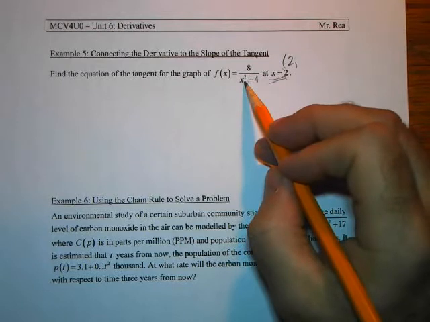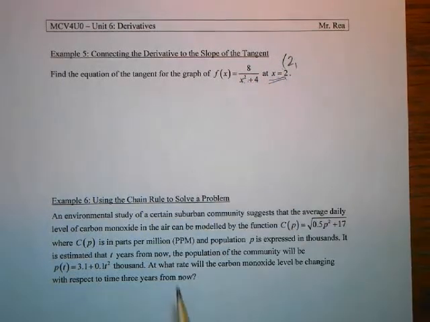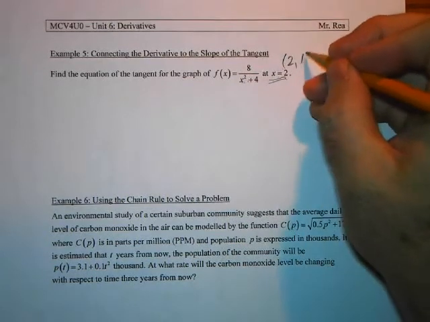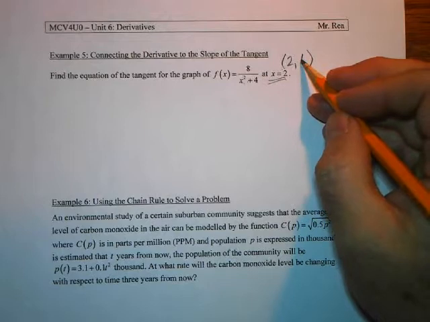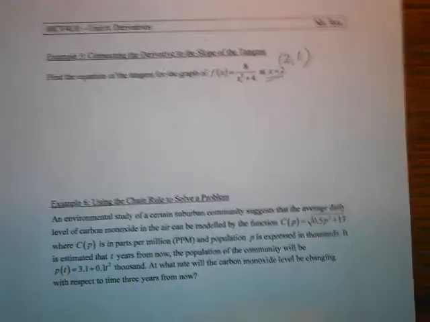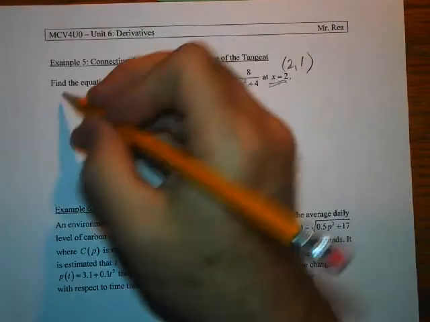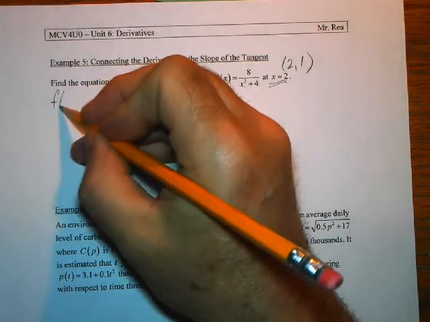So 2 squared is 4, 4 plus 4. That would be the value 1, 8 over 8. So that's the point where we're going to use to get the equation of the tangent. Okay, so the first thing I'm going to do is I'm going to slightly rewrite f of x.